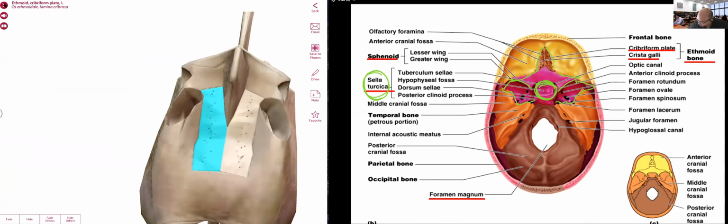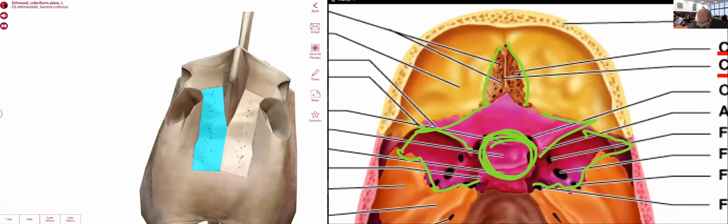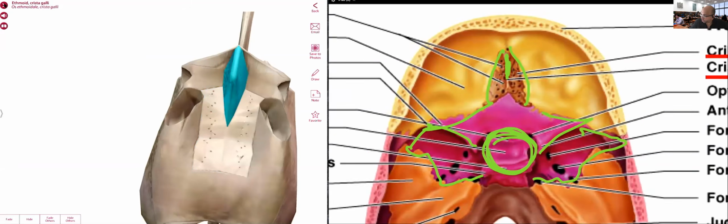So if we're looking on here, this is the part of the ethmoid bone that we're looking at. I see this elevated ridge on here. This is my crista galli. And on both sides of the crista galli, we'll see those perforated plates.